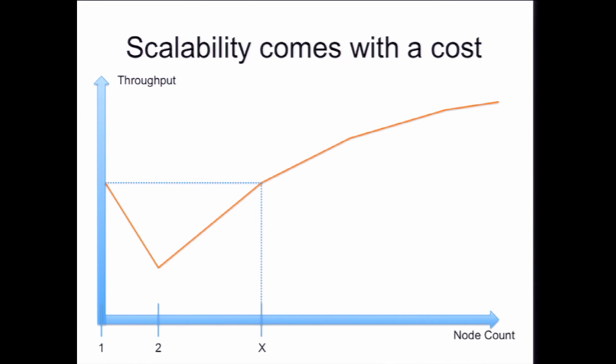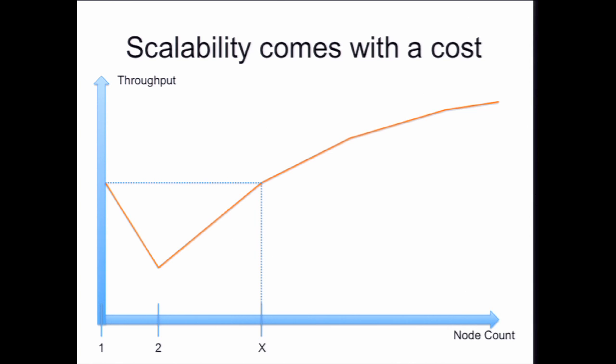Scalability comes with a cost. It's not free, really. If you're running a single node application, you have a high throughput, everything is local, obviously all reads and writes are local, you have good performance. Obviously it's a single node, so you want to scale that, but when you start scaling you see something funny. The throughput will actually go down, because now your reads and writes are also going to the other node, right?